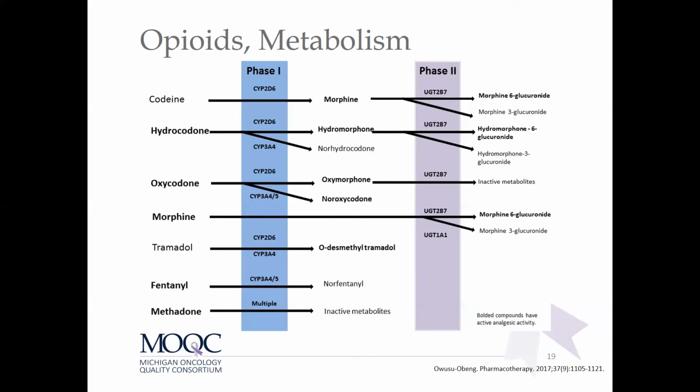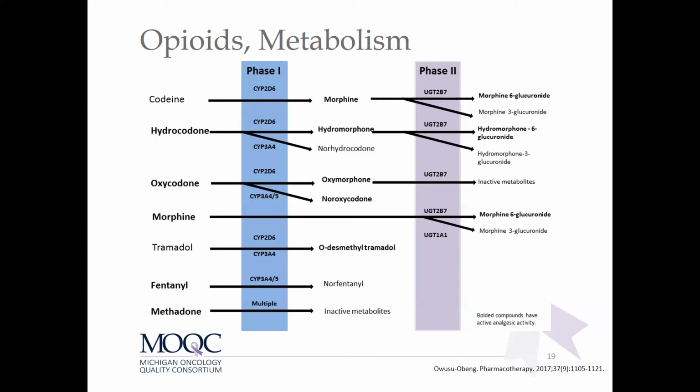But what you really see within our phase 1 metabolism for a lot of these drugs is 2D6 and 3A4. And so as pharmacogenetics becomes more popular and we get more data on them, you might see recommendations to not be using some of these drugs. One of those examples is patients that are poor or ultra rapid metabolizers of CYP2D6. So if you look at codeine, codeine requires 2D6 to be activated to morphine. Codeine's a prodrug.